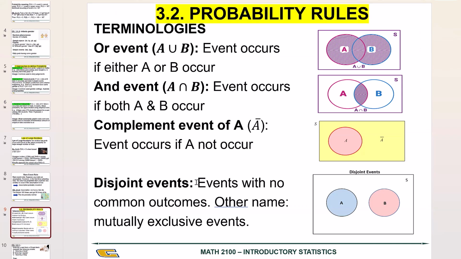The second event is A intersection B, sometimes we say A cap B. This event occurs if both A and B occur.